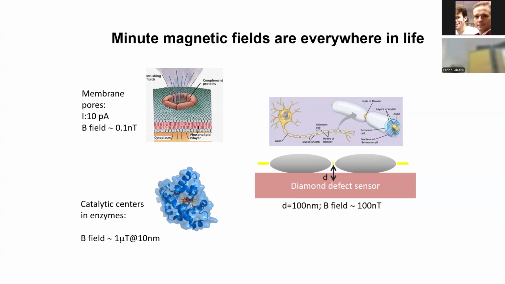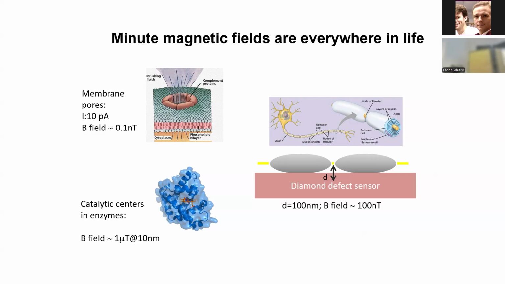For example, you can think about measuring currents through membrane channels. If the current going through is 10 picoamperes, and your magnetic field sensor is very close, the field you expect is within the measurement range of the NV center. It's a fraction of a nanotesla.